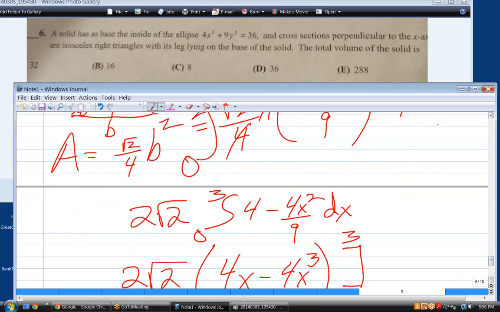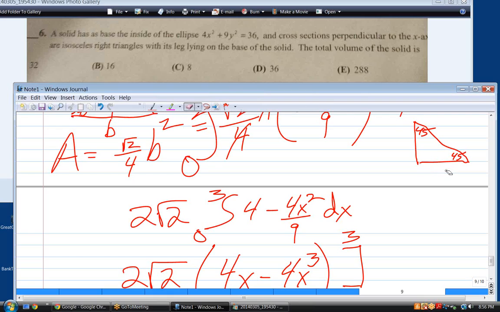Let's see. If I take that 45-45 triangle, no. If this is the base, oh no, hold it.